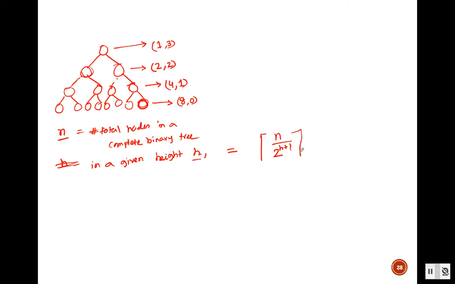So in a given height h, this is the maximum possible number of nodes in a complete binary tree.